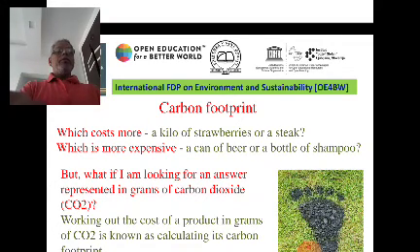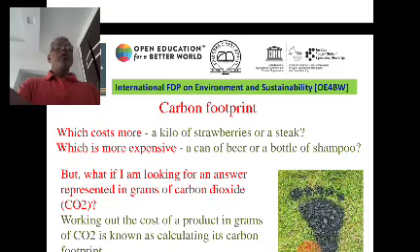Suppose I ask you which cost is more, the cost of 1 kilo of strawberries or a steak, or which is more expensive, a can of beer or a bottle of shampoo, we can easily give the answer in terms of rupees, dollars or euros. But if I ask you, what is the cost of the product in grams of carbon dioxide?